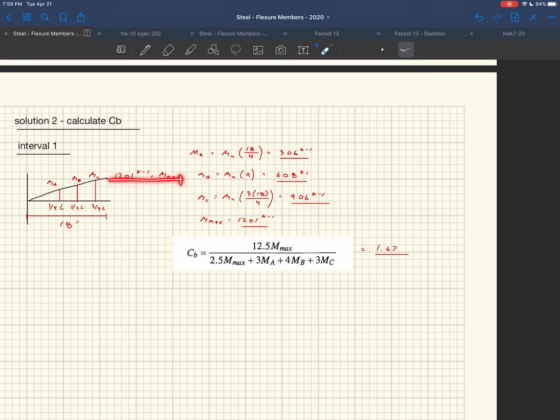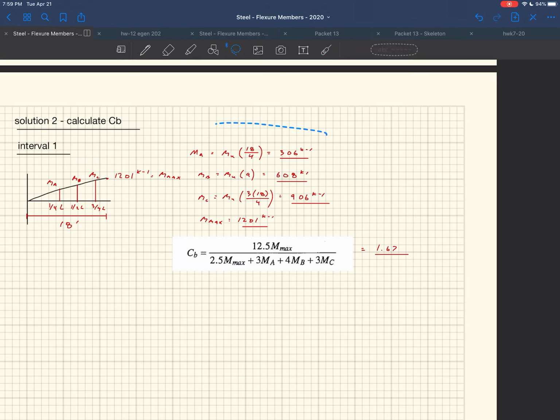We don't care about what's happening in the rest of the spans because we're just looking at the first 18 feet, and in the first 18 feet, it's not that severe. So your capacity is 67% higher than what you would see in those capacity curves. Okay, and so that's a pretty big deal, right? And so it is worth calculating CB typically.